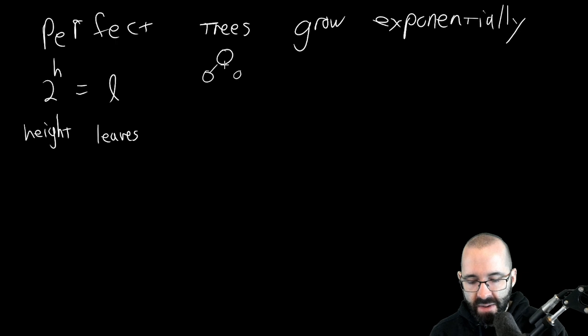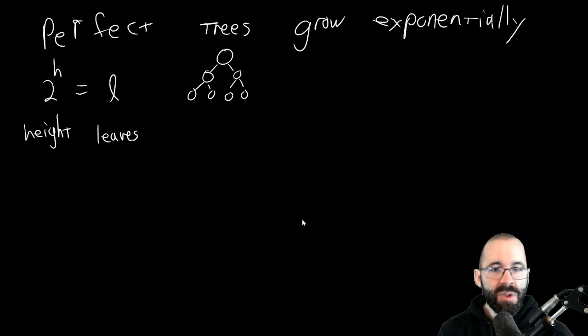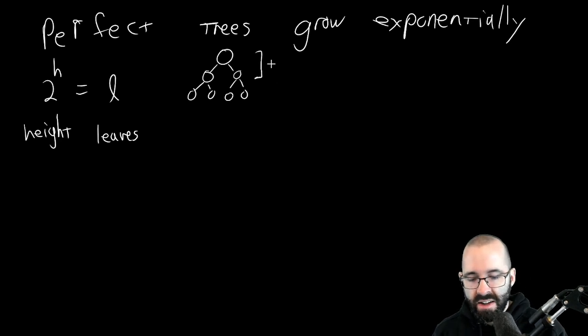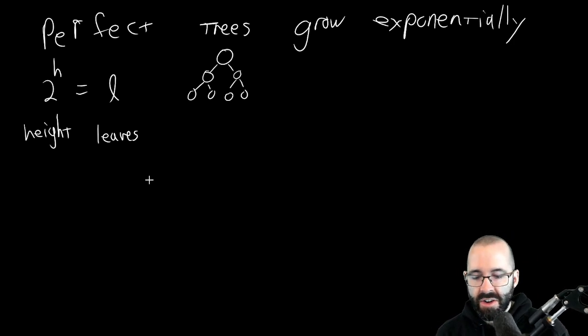Hold on, let me make sure that I'm thinking about this correctly. Yes, great, I did it right. This has height 2. Height 1 is here. Height 0 is if we only had this top node, the root. So if it's height 2, you're going to have 4 leaves. In general, this is the relationship. This grows really, really fast.